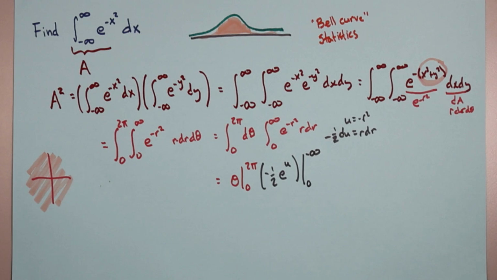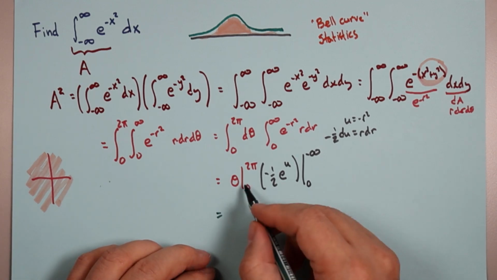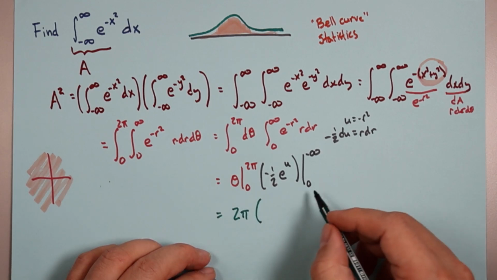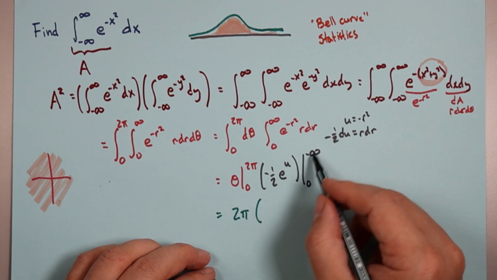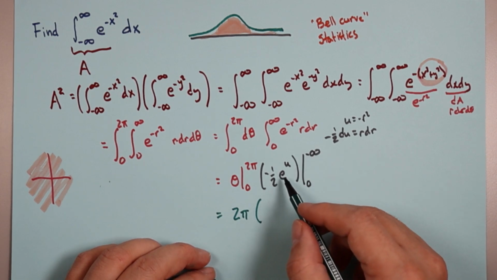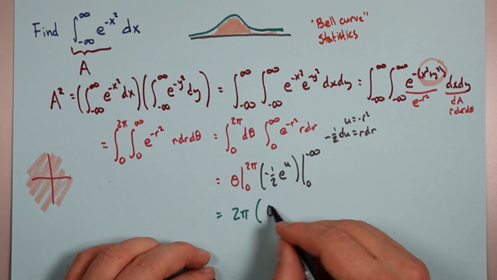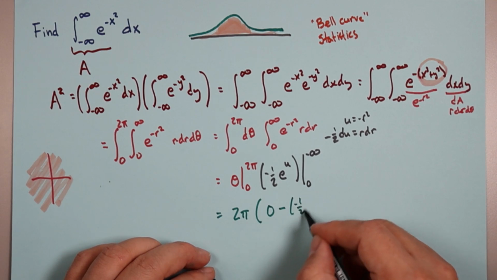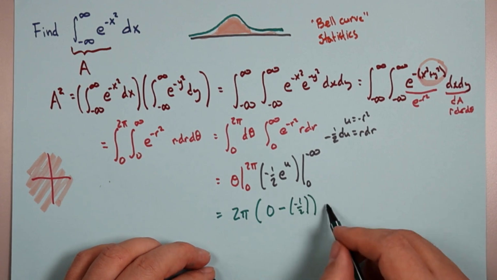Now, we're almost there. What do we get? The answer is, from the first part, 2 pi minus 0 is 2 pi. From the second part, plug in minus infinity, goes away. Oh, nice. 0. Plug in 0, e to 0 is 1, so minus a half, and we end up with pi.